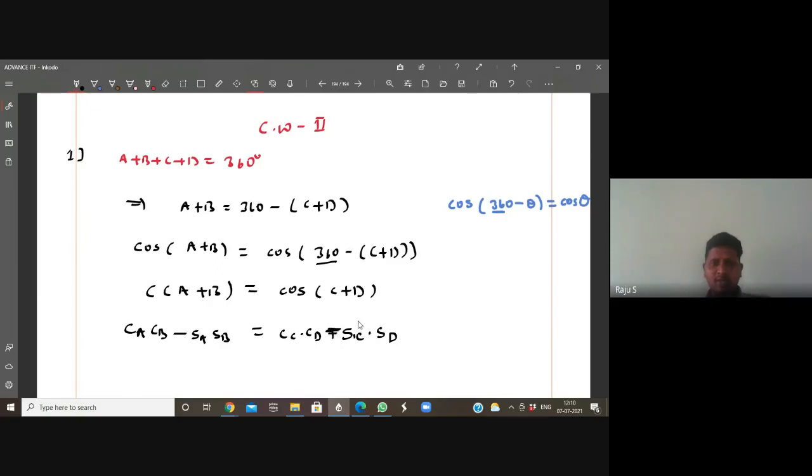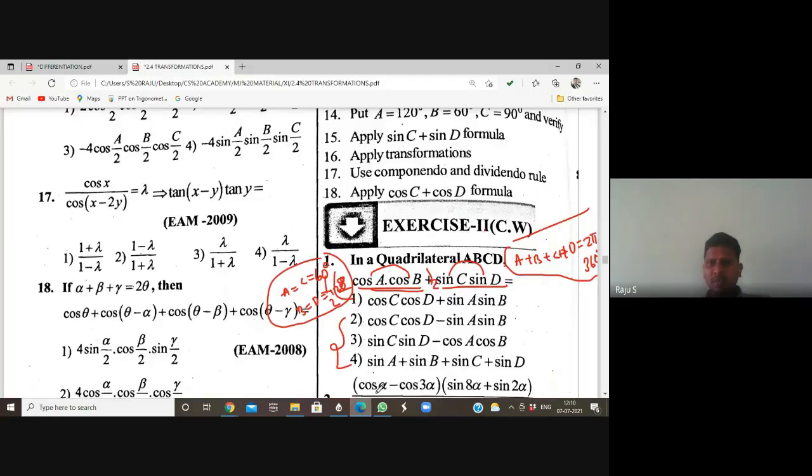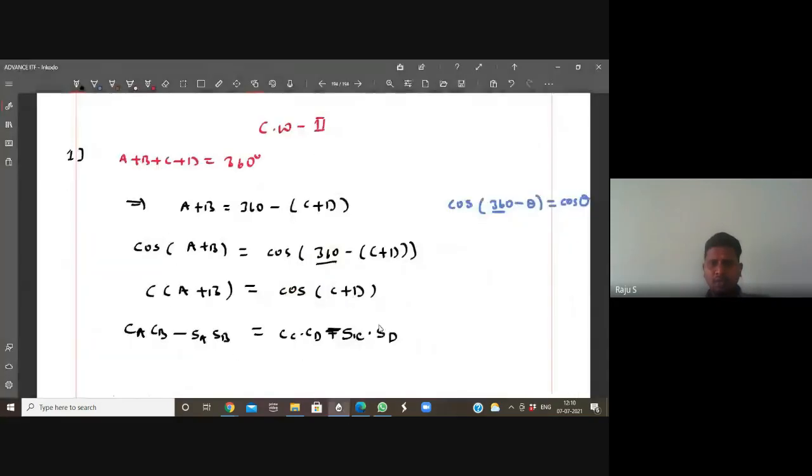Minus, right. In the question they gave plus on the LHS, so this minus sin C sin D take to the left side. So cos A cos B plus sin C sin D is equal to cos C cos D plus sin A sin B.